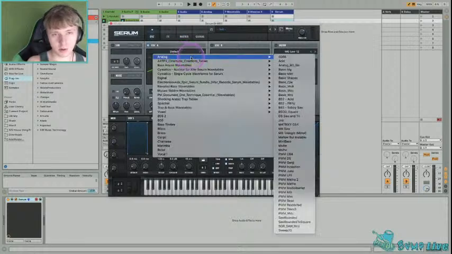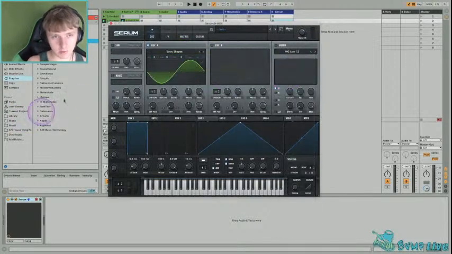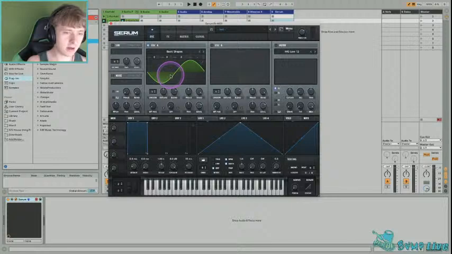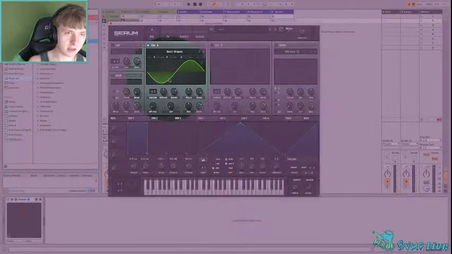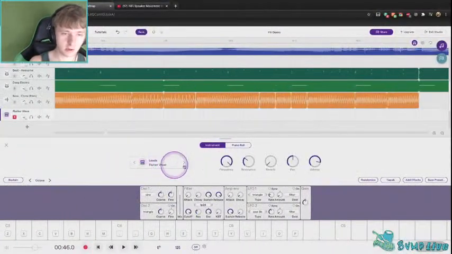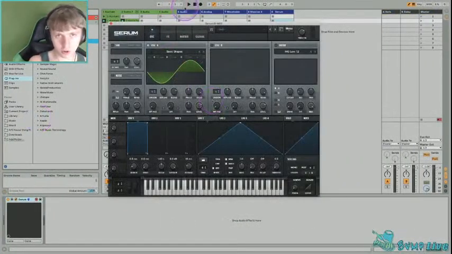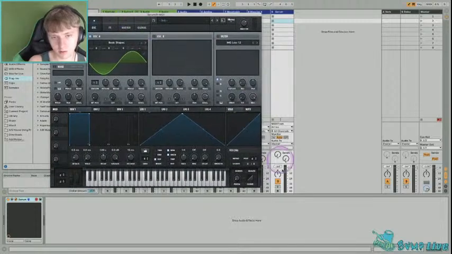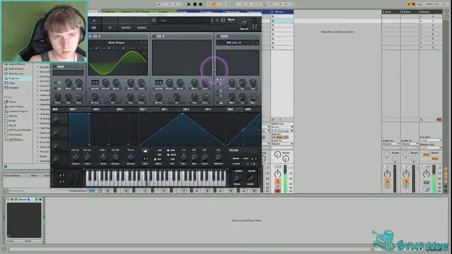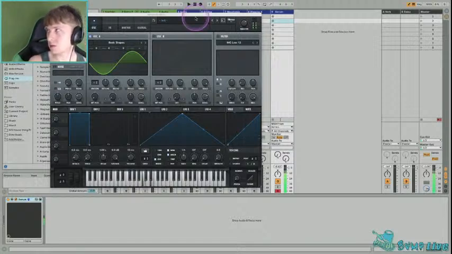Okay, so if we pick here, we'll go to basic shapes. Alright, so here is what a sine wave looks like in another synth. I'm going to mute this one. And we'll just hear the sine wave here.